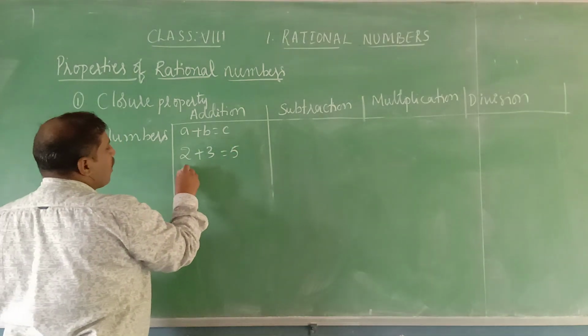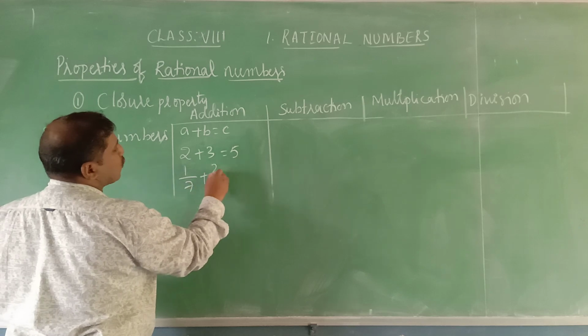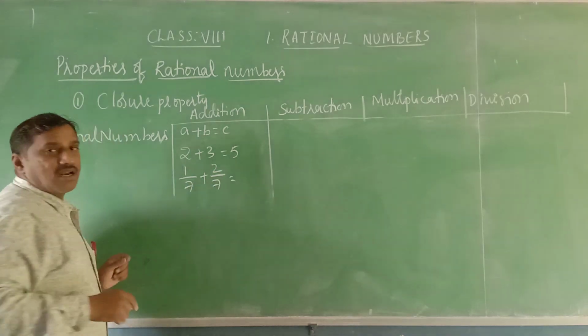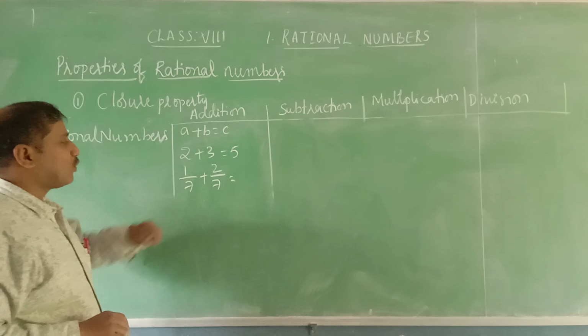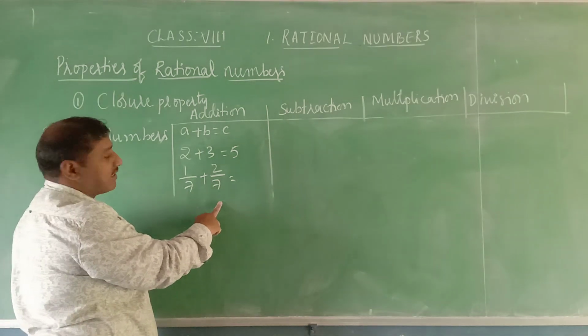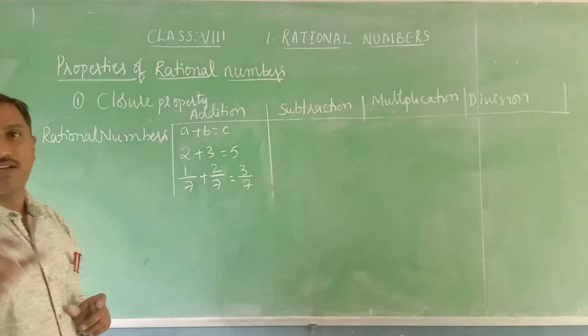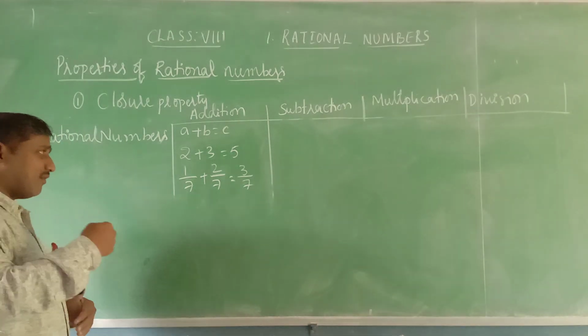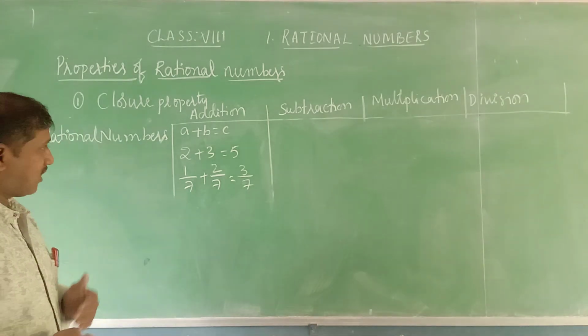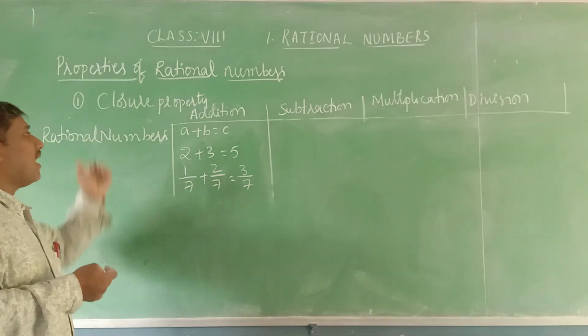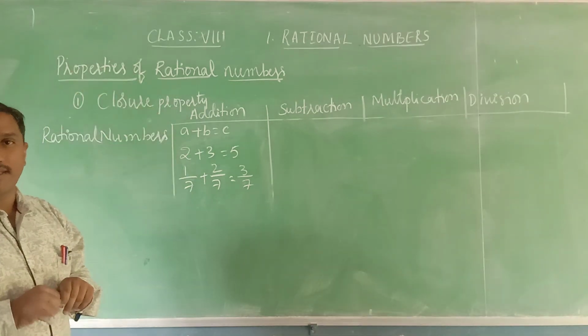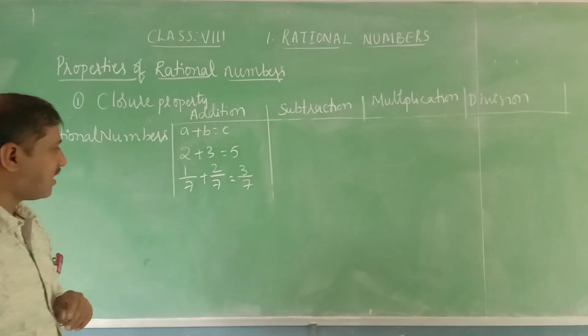Now we take 1 by 7 plus 2 by 7. Both are rational numbers. 1 plus 2 is 3, so 3 by 7, which is also a rational number. Like this, you take any two rational numbers, their sum is also a rational number.